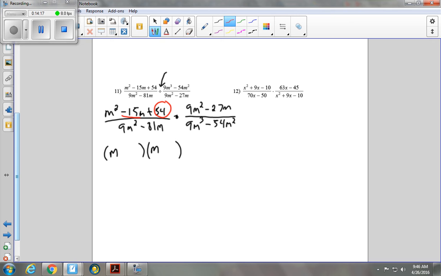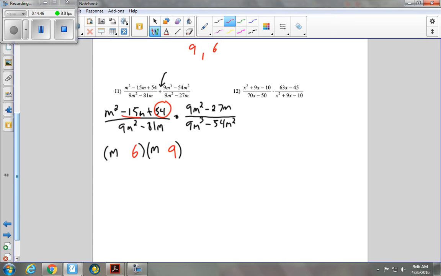So I start going through the numbers. What numbers multiply to 54? 9 and 6 would be good ones, right? Because I can also get to 15 from 9 and 6. So 9 and 6 are the two that are going to go here. What are the signs going to be?